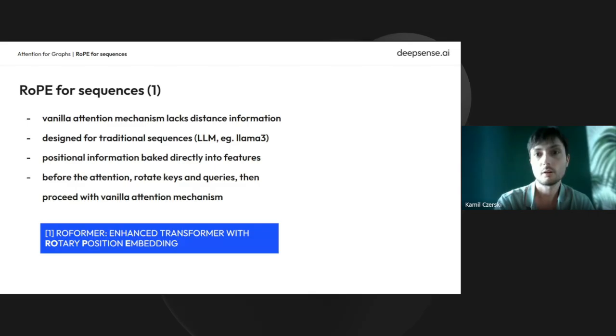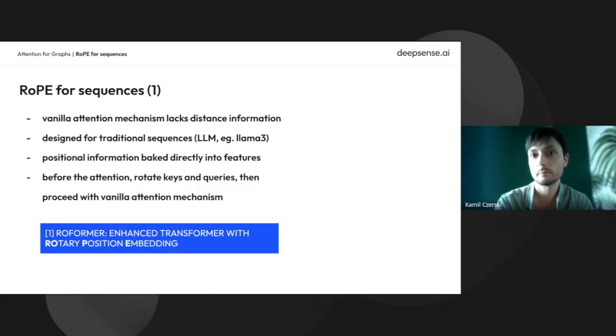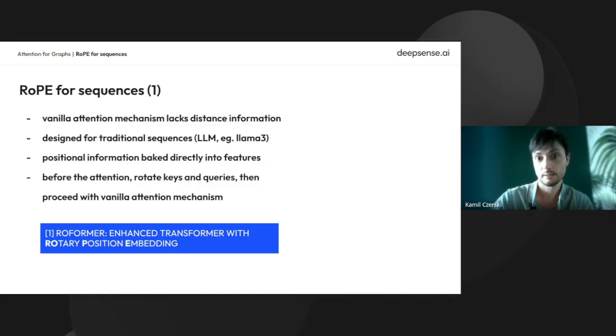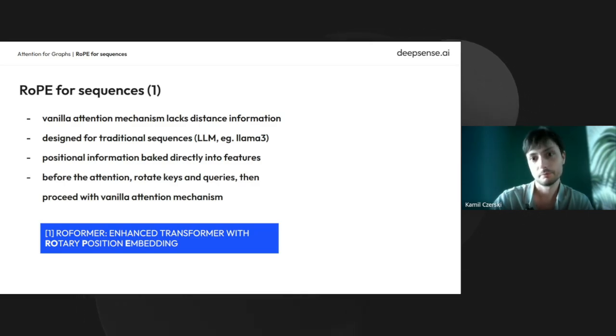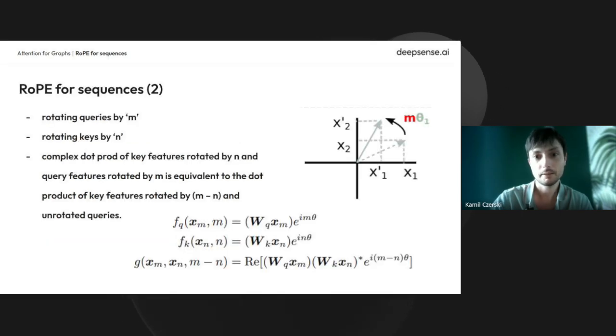You just modify features on the fly, and you embed this positional information into the features themselves. That's why I think it's interesting, because it's very efficient in some way, and it took me some time to really get a good understanding of it. But in a nutshell, it's very simple.